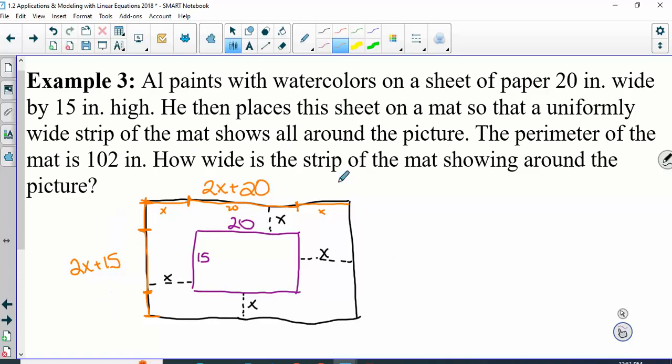So perimeter, we add all four, so we could write them out, or we could realize, okay, these two are the same, so I could do 2 times the 2x plus 20, and 2 times the 2x plus 15.